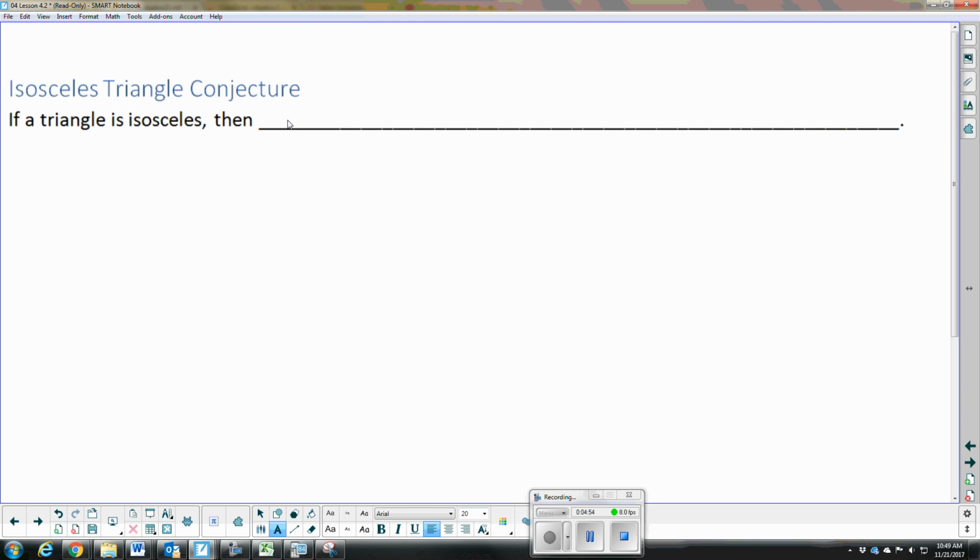Okay, so the first conjecture we have in this lesson is the isosceles triangle conjecture. So it says if a triangle is isosceles, then the base angles are congruent.